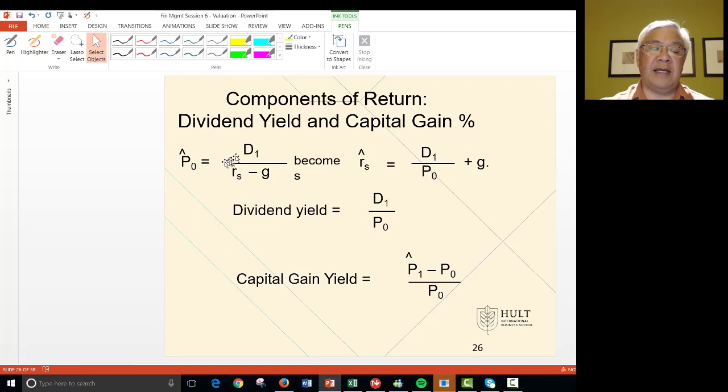The price today equals dividend next year divided by R minus G. And we could rearrange the terms to get that the return is equal to this factor, which looks a lot like dividend yield, right? Dividend divided by price plus the growth rate. So this is the observation, that we can have the required return equals dividend yield plus a capital gains yield.